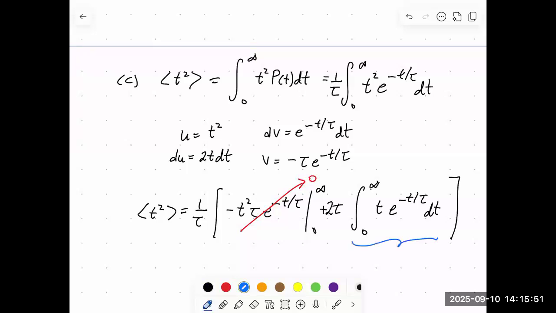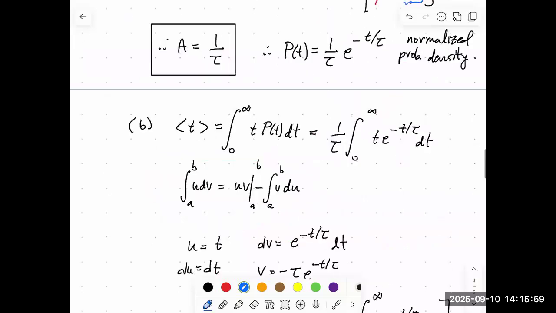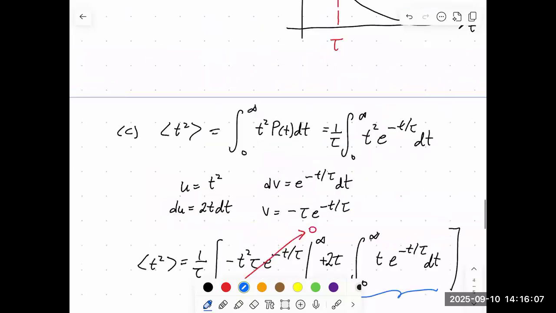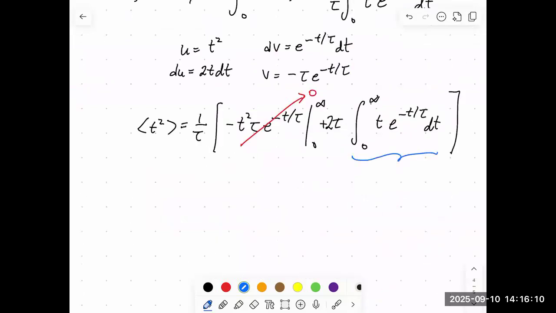We've already seen it. Let's go back here. The integral of t, e to the minus t over tau. We've already done that, and we see it again here. If I had a 1 over tau, this would be the expectation value of t. So what this really is is tau times the expectation value of t. But we already know the expectation value of t is tau, so this is a tau squared.